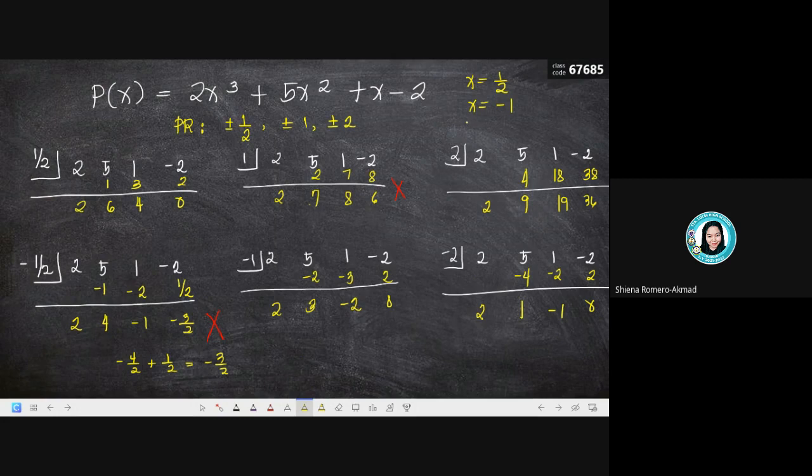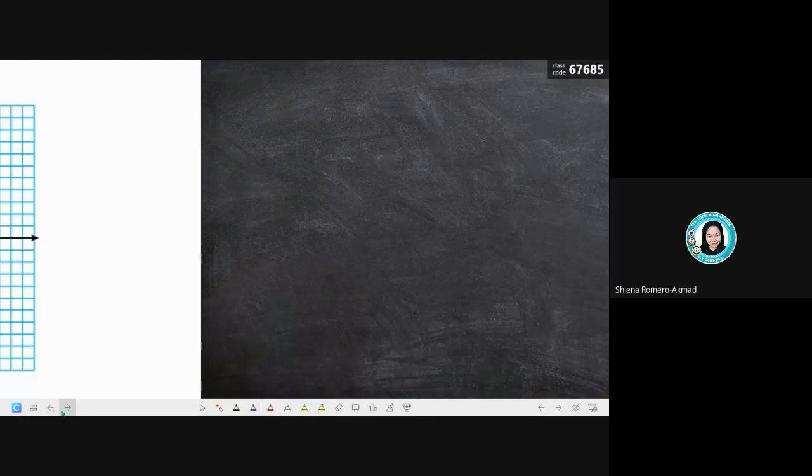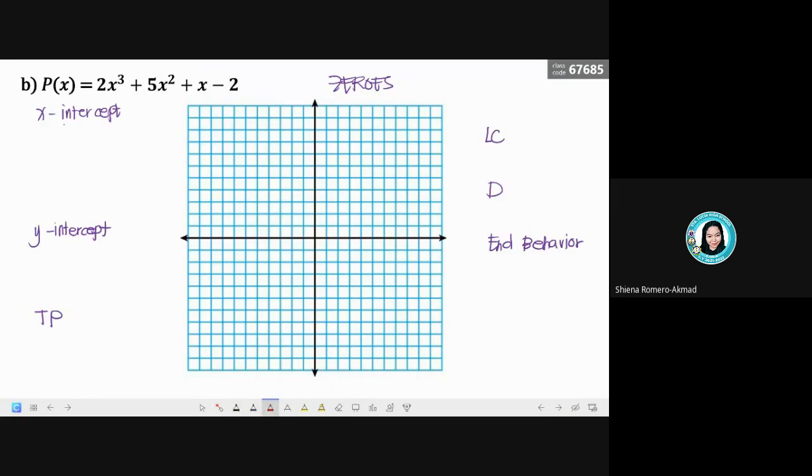So, x is negative 2. So, nakuha na natin yung tatlo. 1 half, negative 1, negative 2. Okay? Ayan, nakuha na natin si x-intercept.